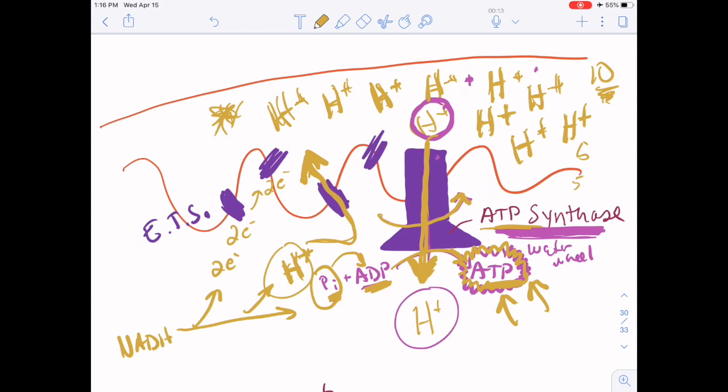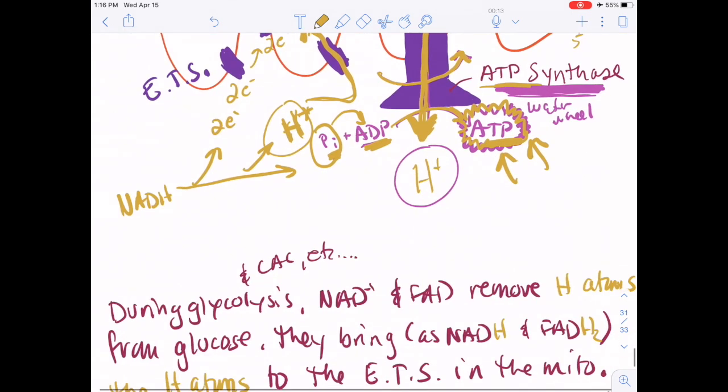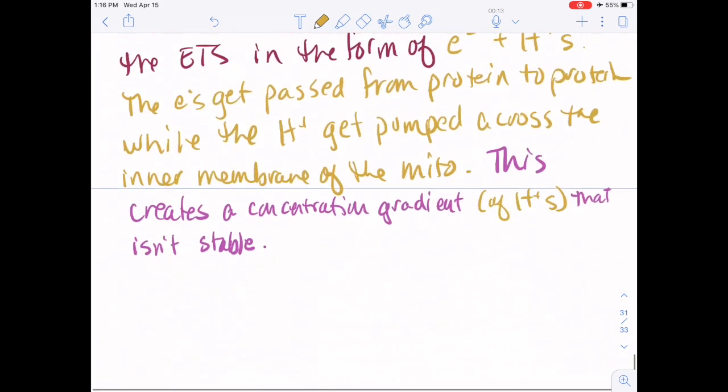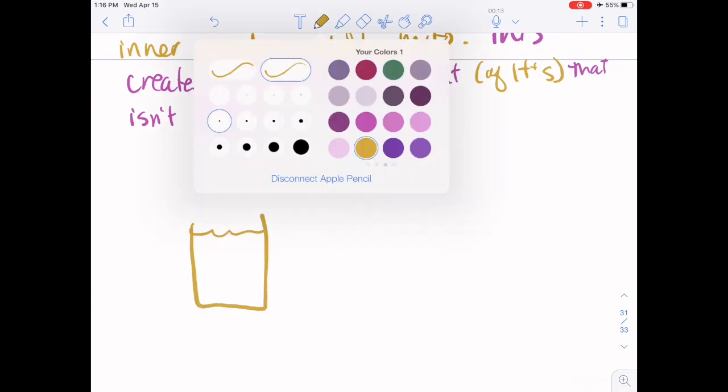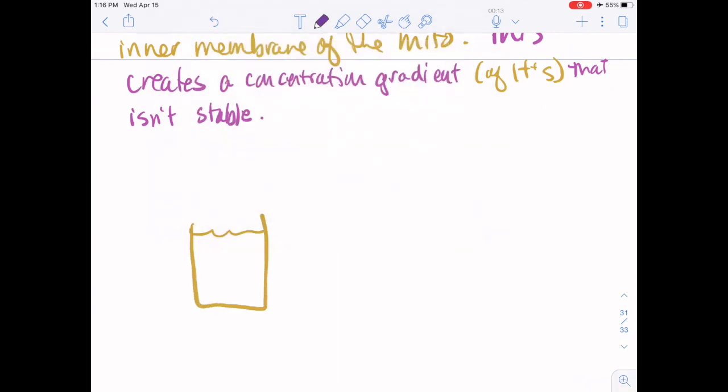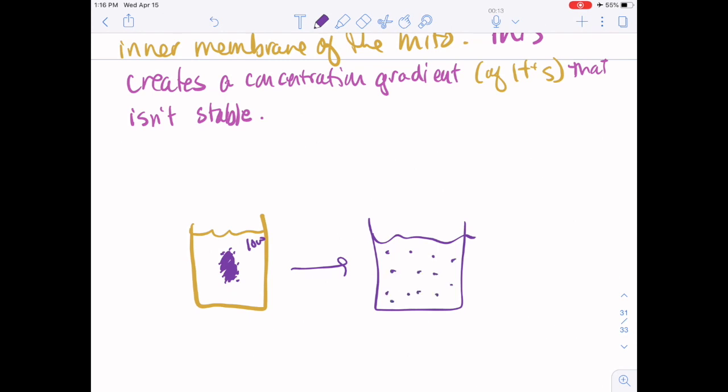It's like putting a drop of blue food coloring into a glass of water, and you've got a high concentration of dye molecules here and a low concentration out here, and those molecules all want to spread out. They diffuse. I'm like, oh my God, this is so boring. But it's not boring. It's really, really, really exciting.